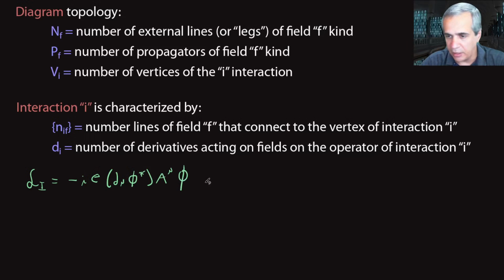And another interaction which is minus lambda over 2 factorial squared, phi squared. This is a scalar QED interaction term. It's not the full interaction, but just one part of it. And this is what looks like a lambda phi 4 for a complex scalar field.